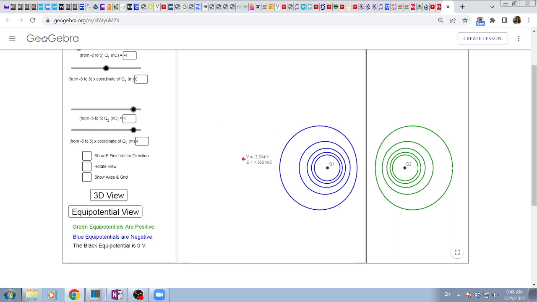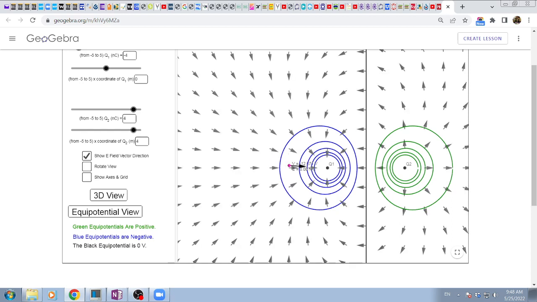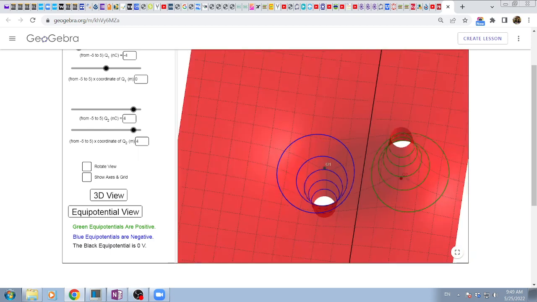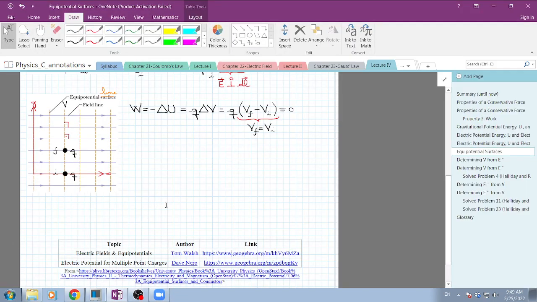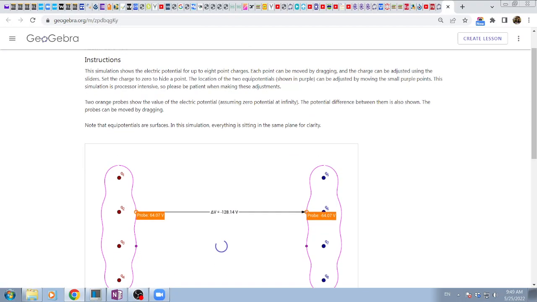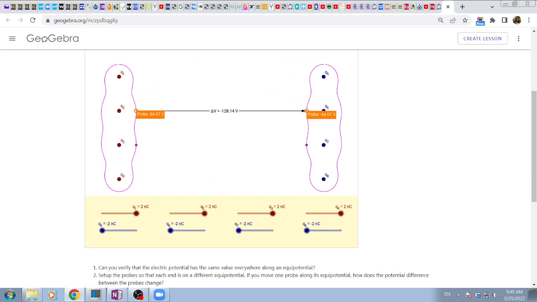And you can see the electric field vector. Okay, so I left this in your class notes. You can play a little bit. That's very interesting. And I put this one also, and you have some kind of probe.